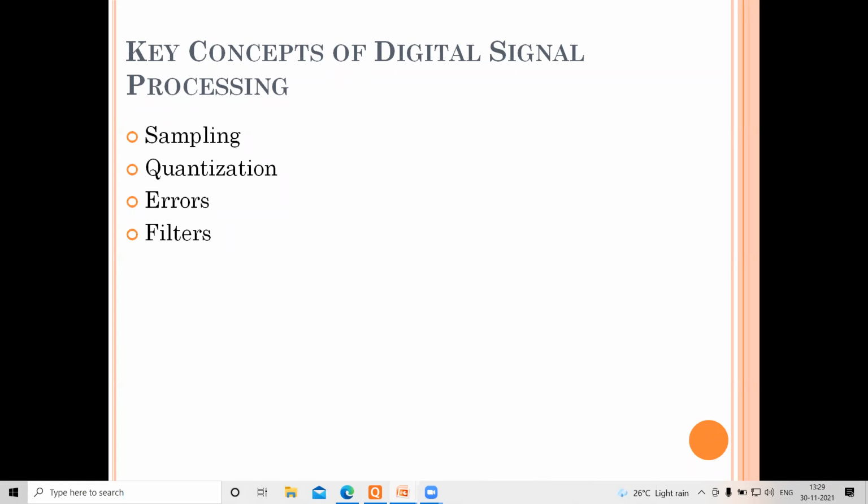So you slash them: the tops are cut off and the lower values are pulled up, and you bring them to one particular level. To do this you'll use uniform quantization, non-uniform quantization, and so on, and errors and filters.